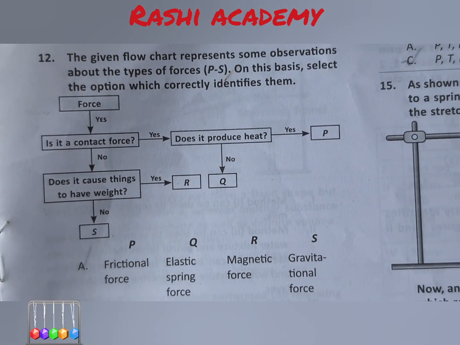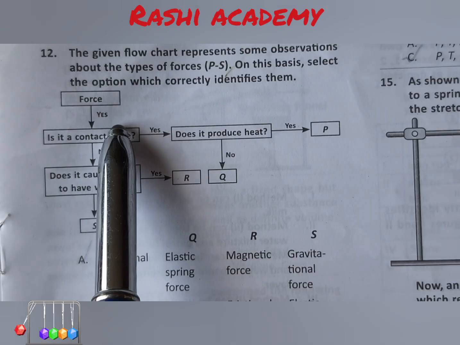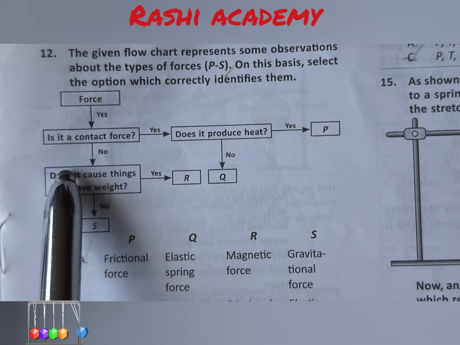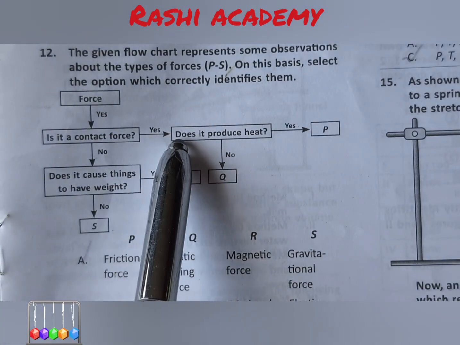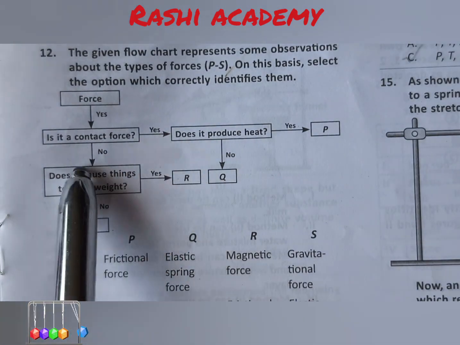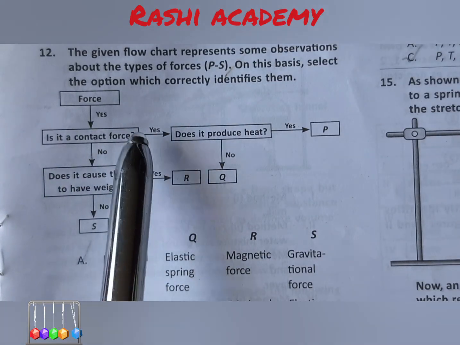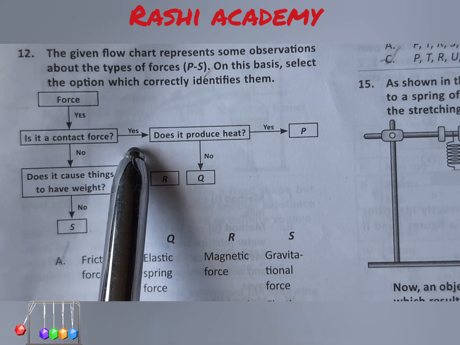So let's start. Okay, force, you can see the arrow says yes. Yes means that force is applied here. Is it a contact force? It has two arrows, one says yes, another one says no. Yes means this type of force we are talking about is called a contact force.